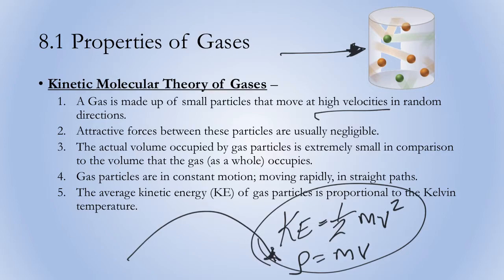Rule 3, the actual volume occupied by gas particles is extremely small in comparison to the volume that the gas occupies, I should say. And that would definitely be true. If you think about a sample of liquid water, 1 milliliter of liquid water, when it's boiled, is going to be 10 to 100,000 times less dense.